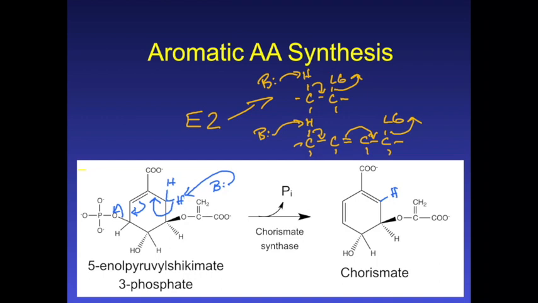This is called an E2' reaction. The leaving group is connected through a double bond. It's not directly next to the deprotonation, but it's connected through a double bond. So this is an E2' reaction.